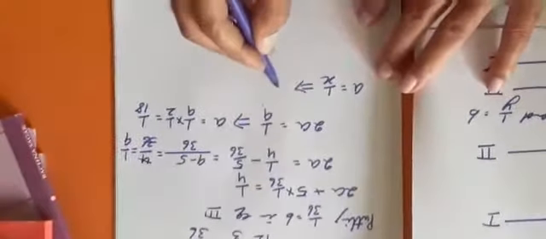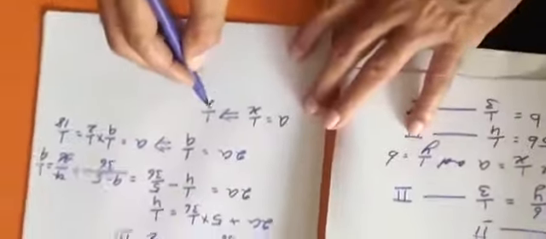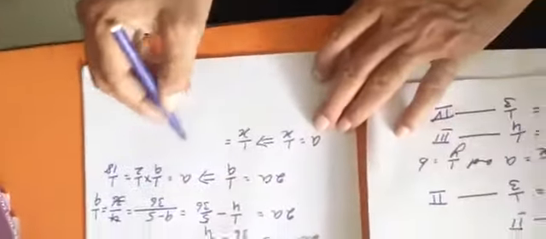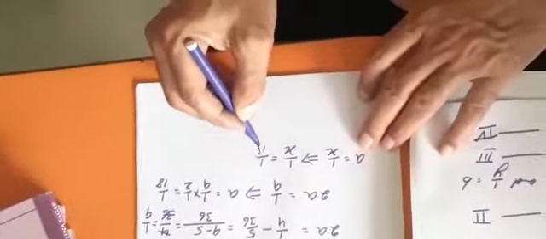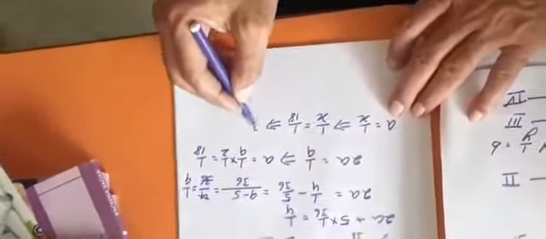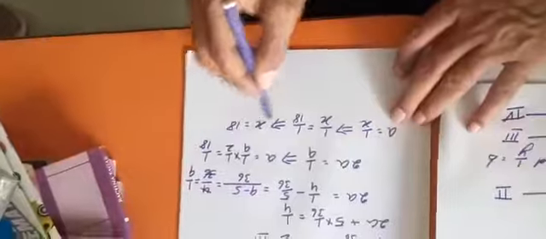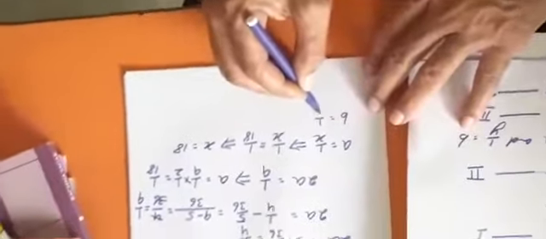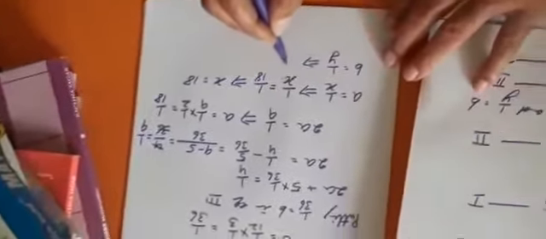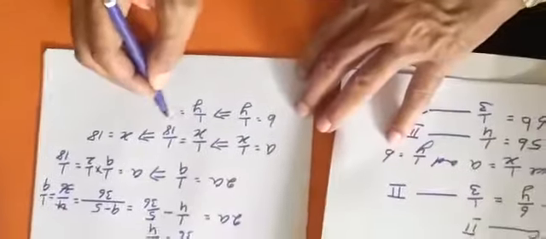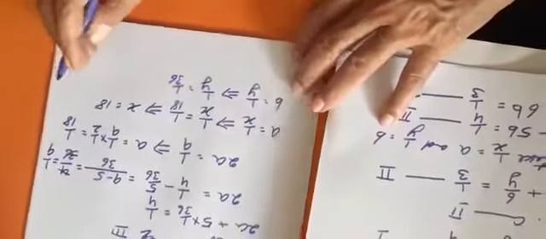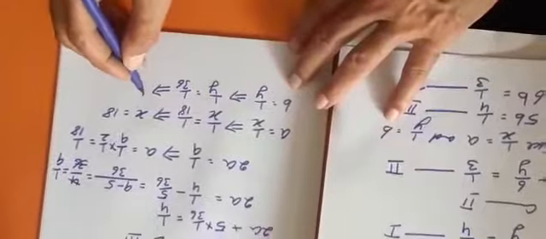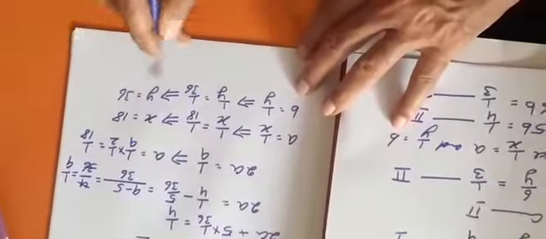This implies 1 upon x is equal to, what is the value of a? 1 upon 18. This implies x is equal to 18. Similarly, b we have taken up 1 upon y. This implies 1 upon y is equal to 1 upon 36. This implies y is equal to 36.